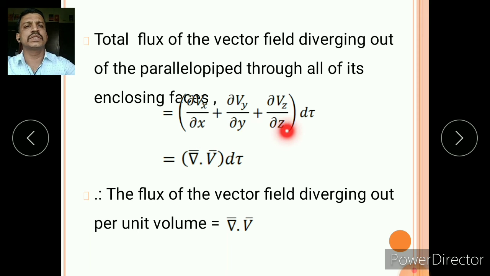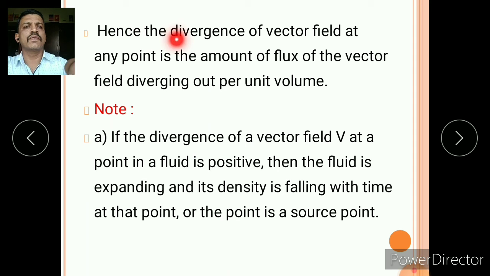Therefore, this is nothing but del dot V, that is, divergence of V, d tau. The flux of the vector field diverging out per unit volume is the divergence of V. Means the divergence of the vector field at any point is the amount of flux of the vector field diverging out per unit volume.